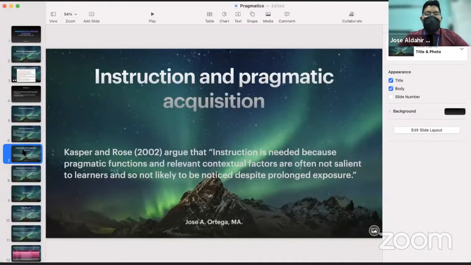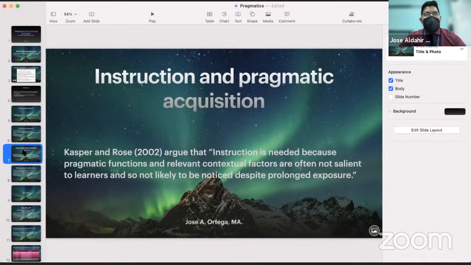There are a couple of things that we can do as language instructors. One of the possible solutions, according to Kasper and Rose, is that instruction is needed, right?